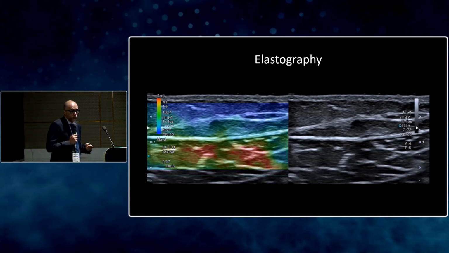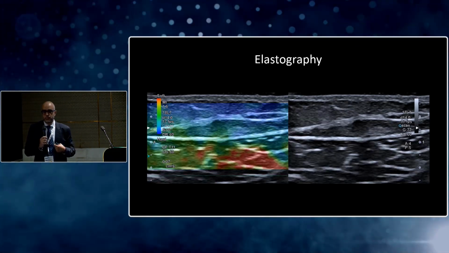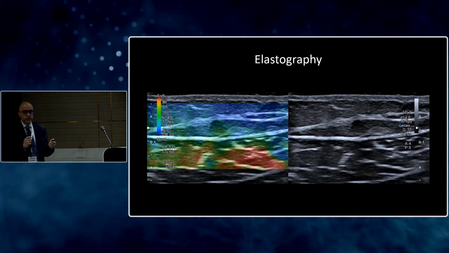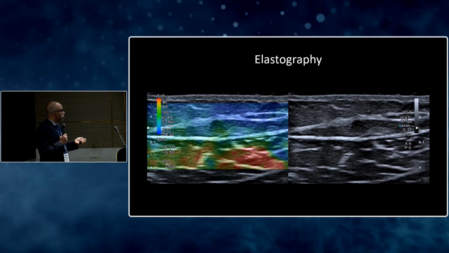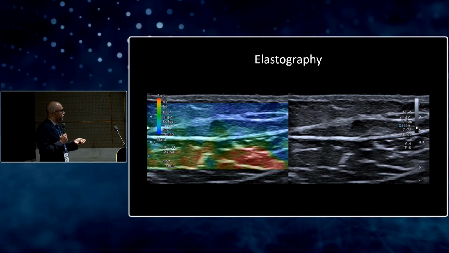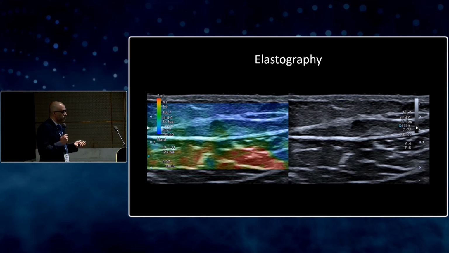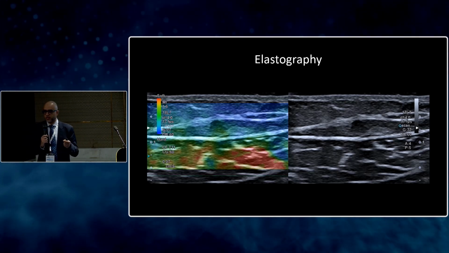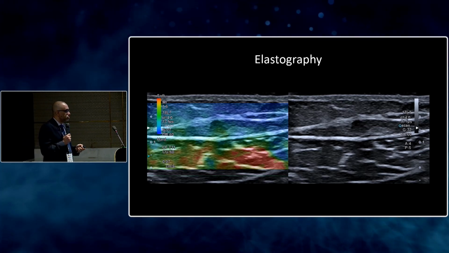One more advanced technique is elastography, which we can use in some situations to differentiate tissue characteristics and elasticity, based on the variants of blue, green, and red for soft. At times with tense effusion, you cannot displace the fluid, so elastography can also help in some mixed lesions of fluid and effusion.